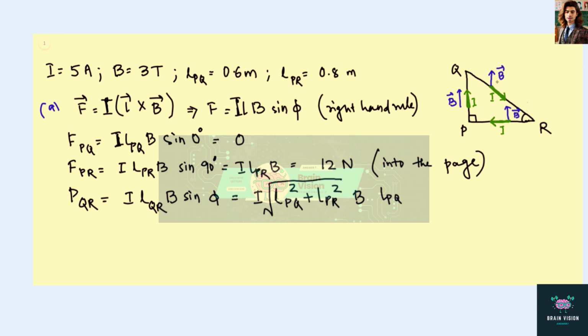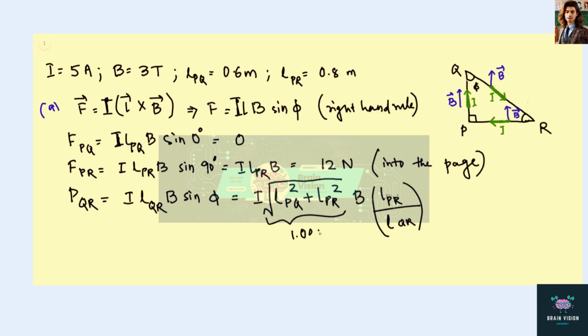So this is not the angle between I and B. This is the angle, so this is the phi that we need. So that is equal to LPR over LQR. And QR is basically this value.